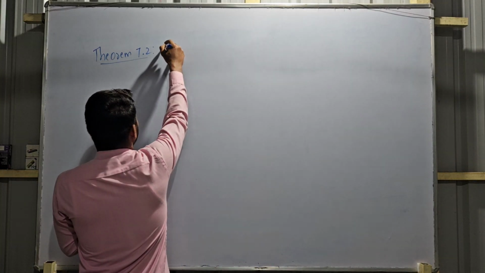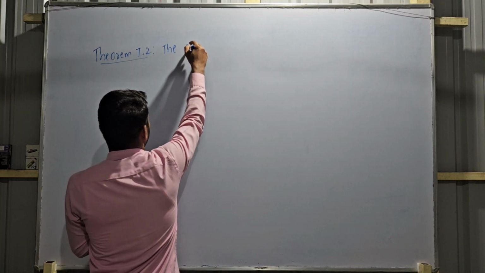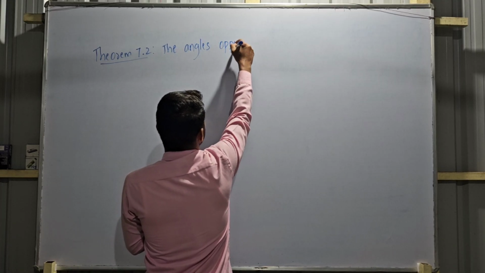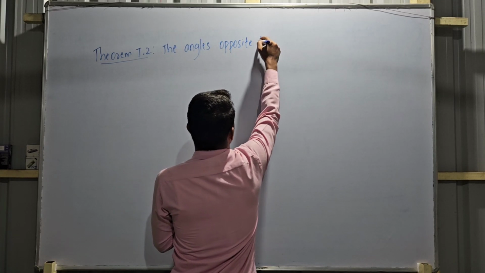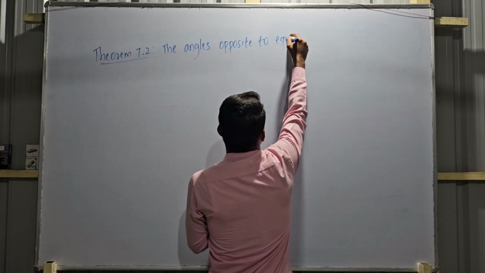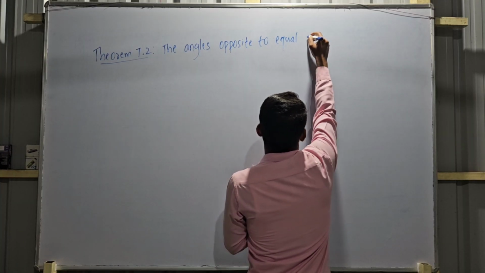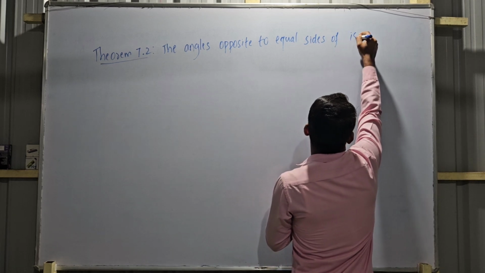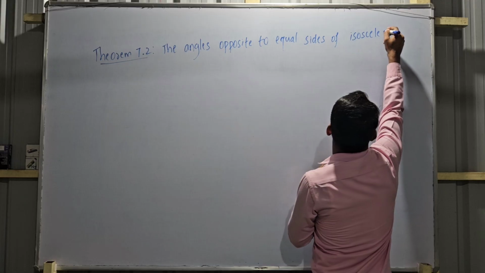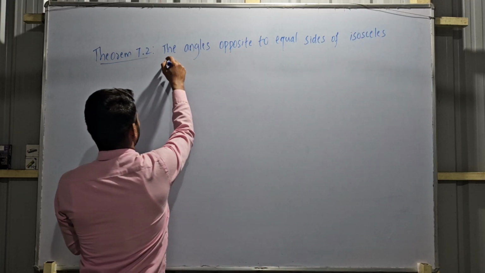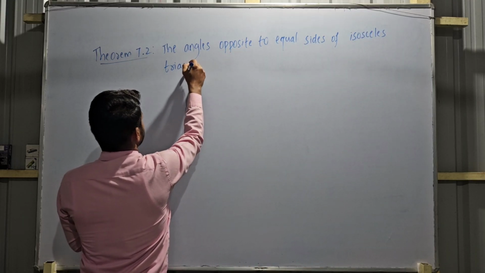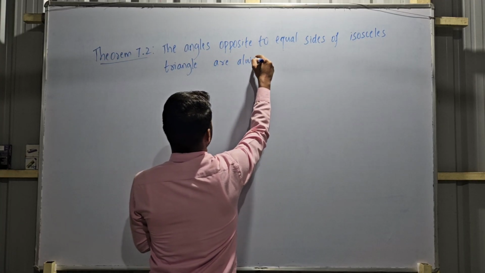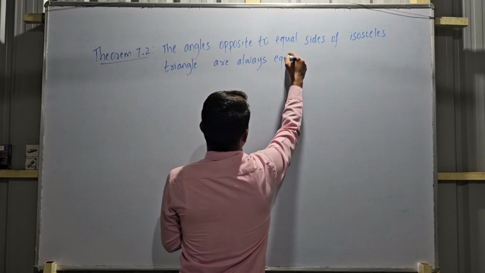That means the angles opposite to equal sides of an isosceles triangle are always equal.